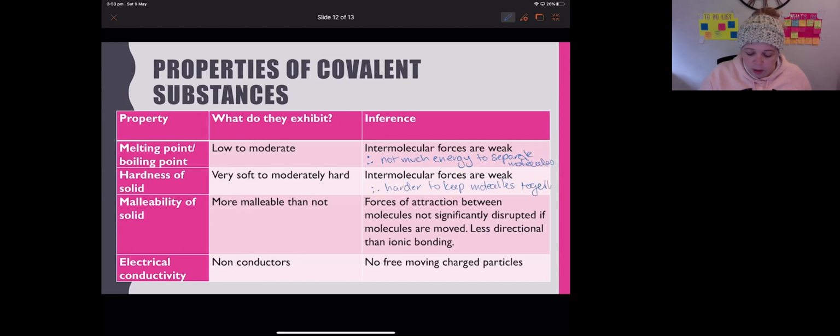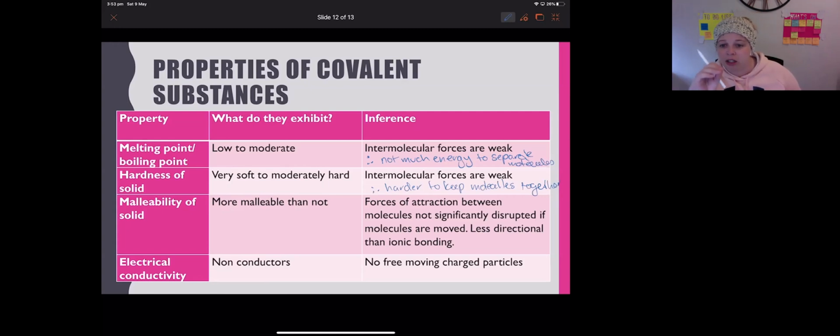The next one is why are they malleable? It's pretty much the same as before, but this one's got a little bit more explanation in the box. The forces of attraction between those molecules are not significantly disrupted if you move them around. Because they're just weak intermolecular forces, if you move them around this side, I'm not that upset. It's pretty much non-directional.